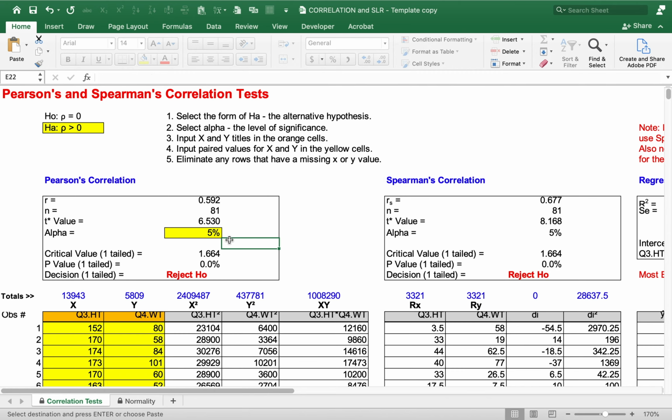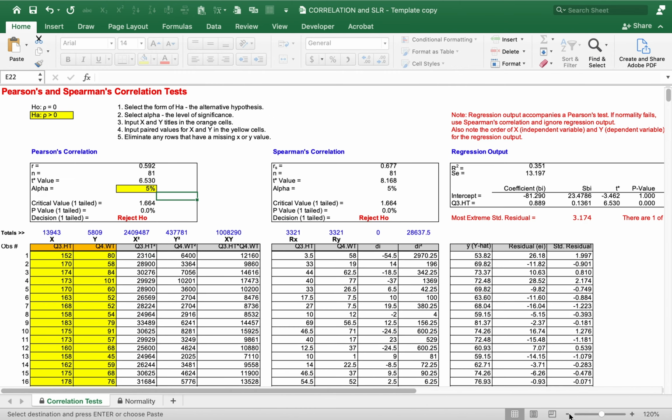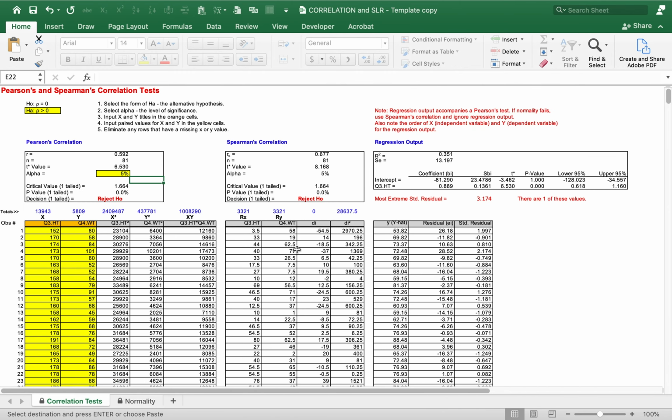While we're in the area here, I'm going to need to make this a little smaller, like that. I'd like you to take a look at the results that we've got here. We end up rejecting H0, and with a p-value of 0, it turns out that in the regression analysis here, we'll end up with the same p-value.